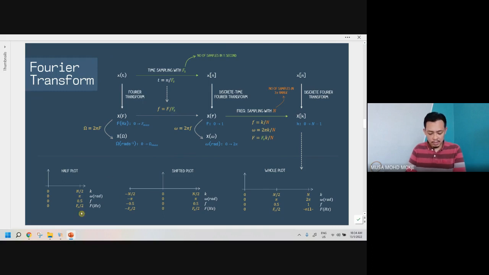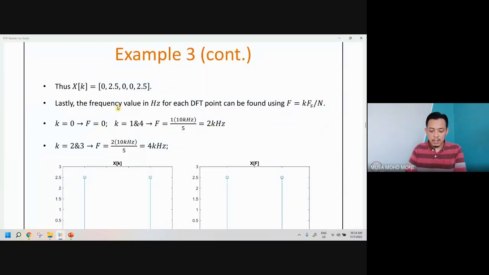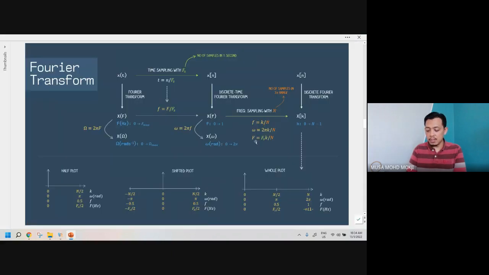So let's convert that. The frequency value in hertz for each DFT point can be found using F equals k fs over n. This is the formula, and you don't have to memorize it, because it is given in the exam.